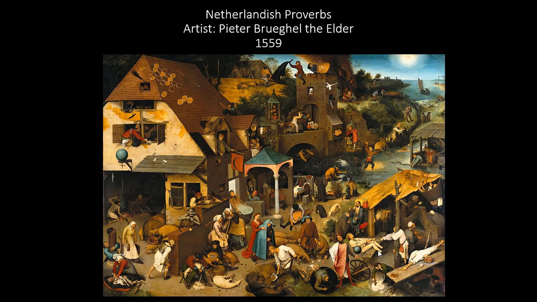Now, if you're interested further in this, I have a link that I've included in Canvas in the same content area that you access this lecture, that will take you to an interactive image of this painting. And you can actually click on the various scenes here, and it will tell you about the different proverbs.